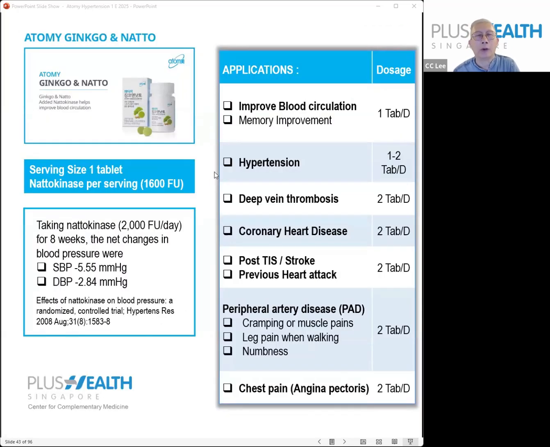Okay, now ginkgo and natto, as we say, is one of the very good combinations. In fact, it's a very good product found in the Atomy range for hypertension, right? So you can actually improve your SBP a lot. It doesn't improve your DBP as much, but it's quite good for people who have the high number high.